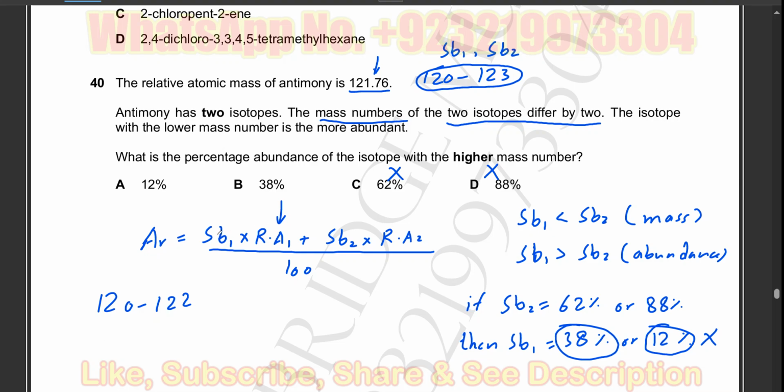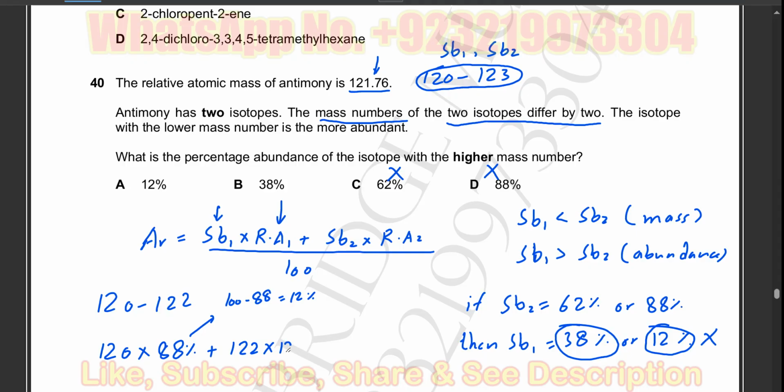I will take Sb1 as the first isotope, so I'm assigning it the value of 120. This is Sb1, and I'm taking its percentage as 88%. If I take its value as 88%, then the other isotope, which is heavier, must be 2 units greater, and its percentage will be 100 minus 88, which gives me 12%.